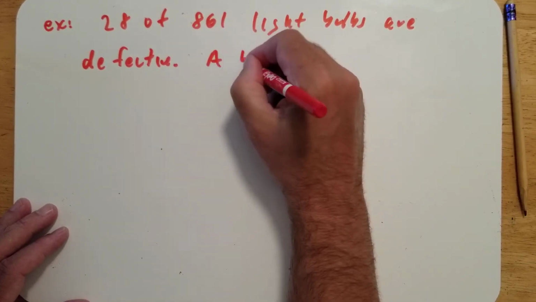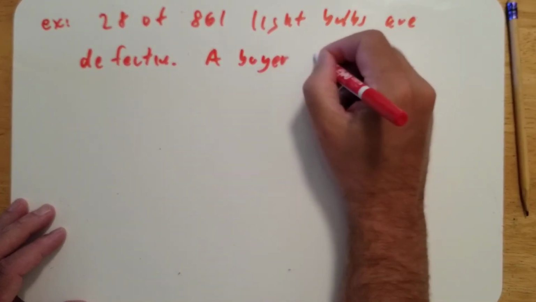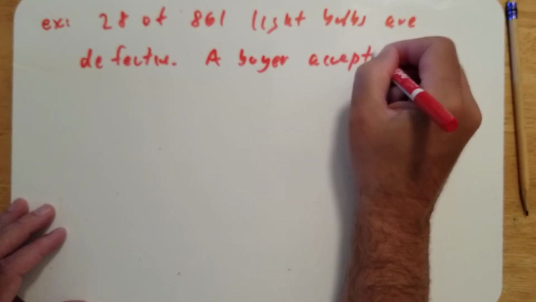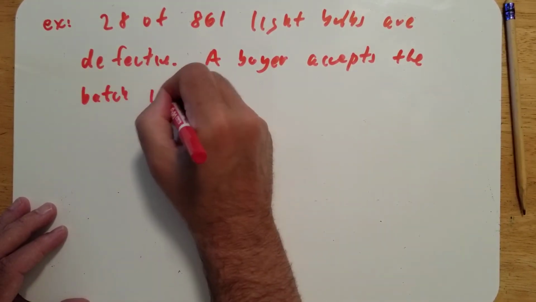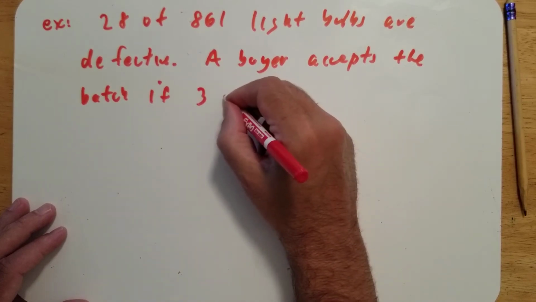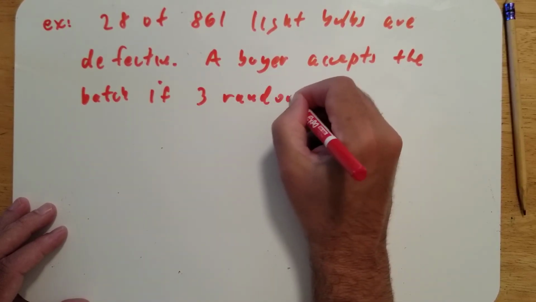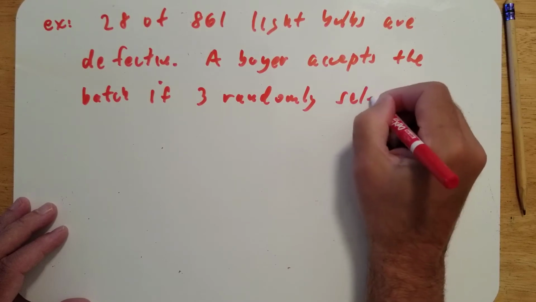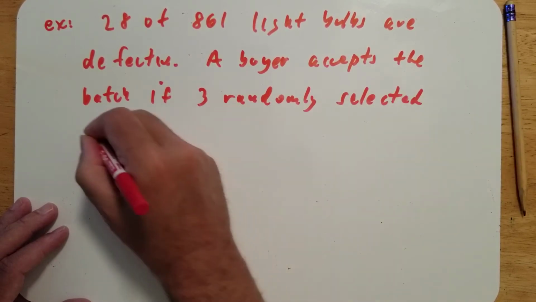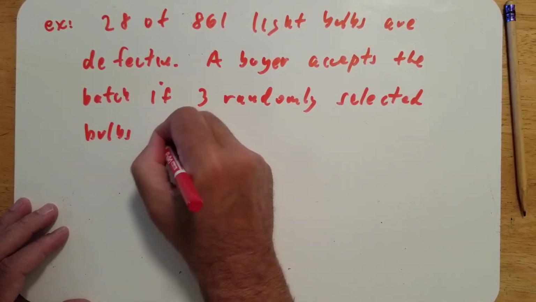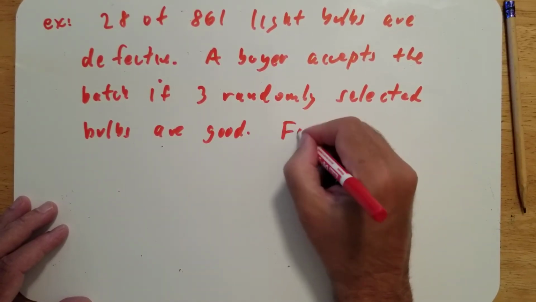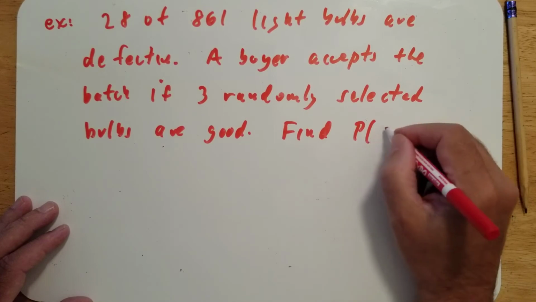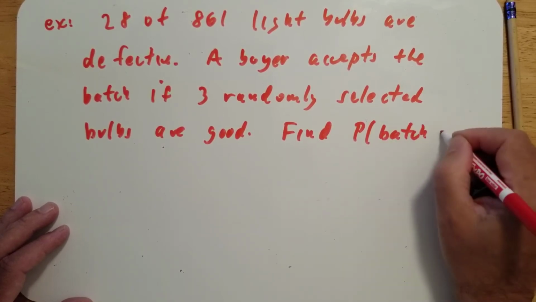A buyer accepts the whole batch if 3 randomly selected bulbs are good. So the question is, find the probability the batch is accepted.